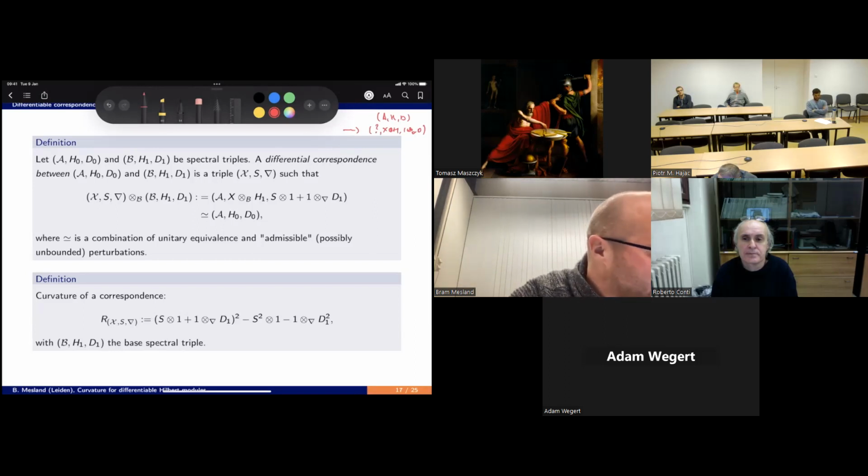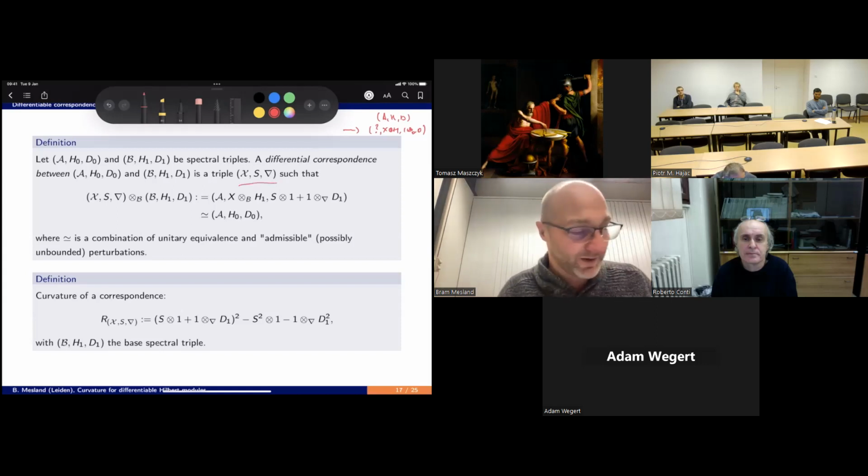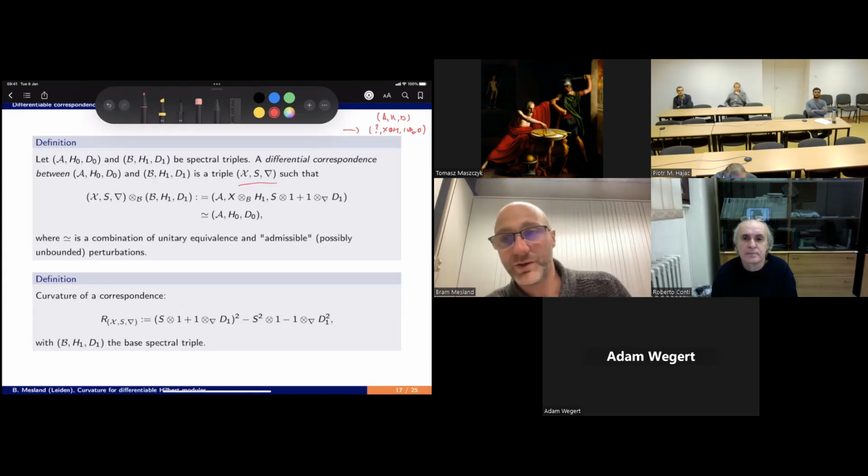Suppose I have two spectral triples, one over A and one over B, then a differential correspondence is a triple (X, S, nabla). I'm being vaguer in this last part of the talk because it would be too much to list all the technical axioms, and I really just want to give you the idea.